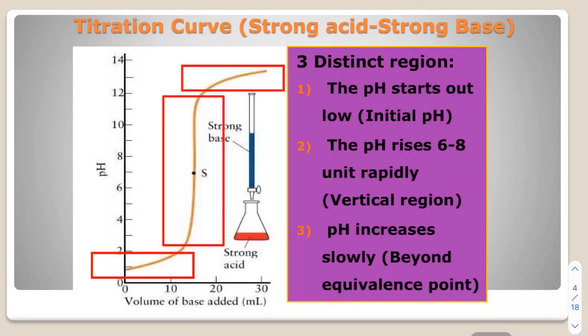And then we look at the pH that increases gradually until a point where the pH increases steeply, 6 to 8 units, in a vertical region. And then this is the third region of the titration curve, when the pH increases slowly until a point, then the pH becomes constant.